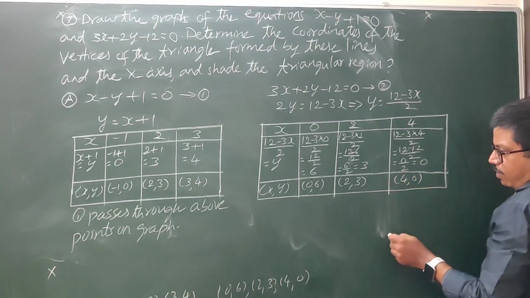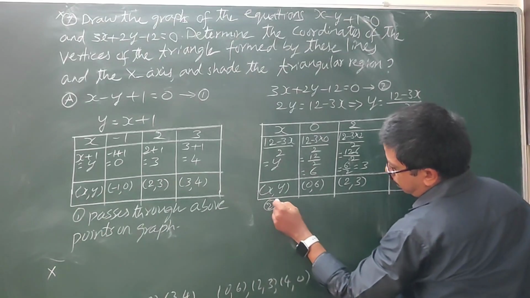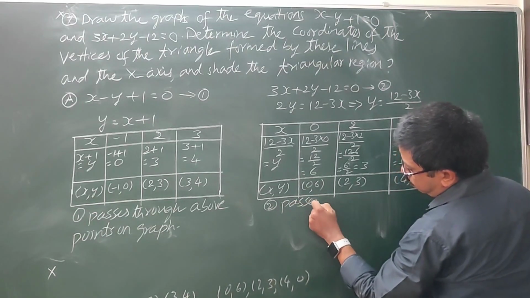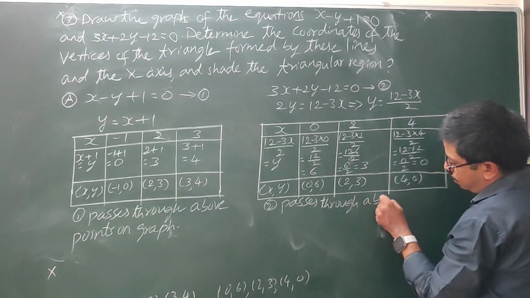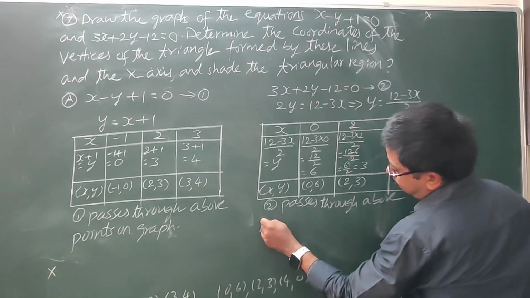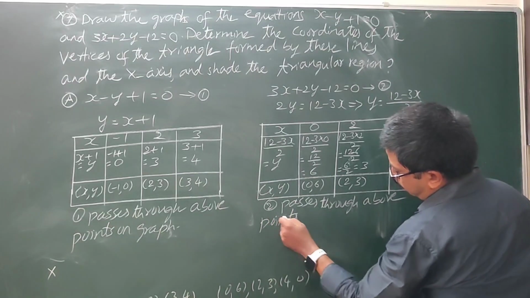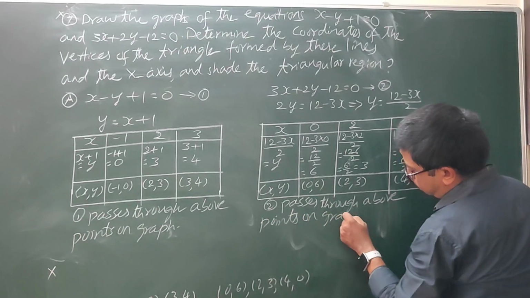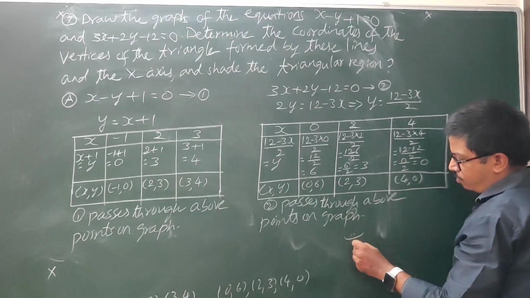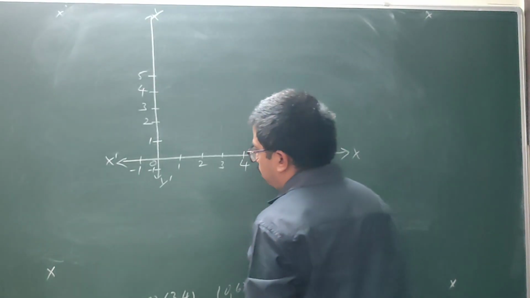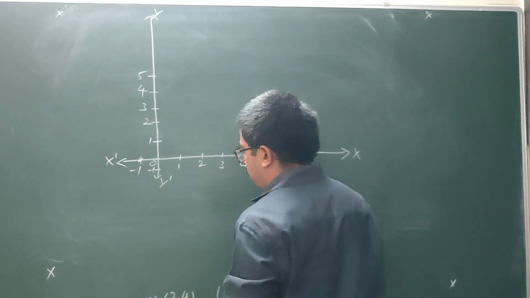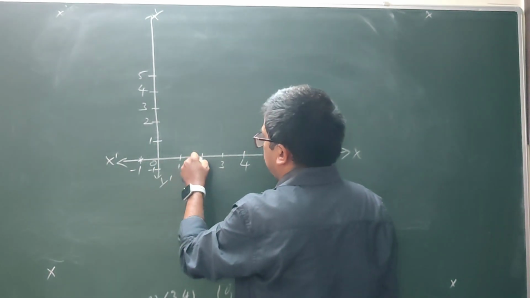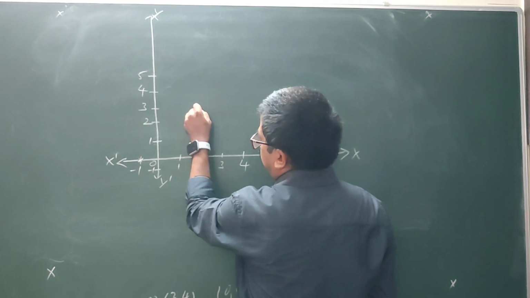So equation 2 passes through above points on graph. Equation 1, so minus 1 comma 0. Next, 2 comma 3.